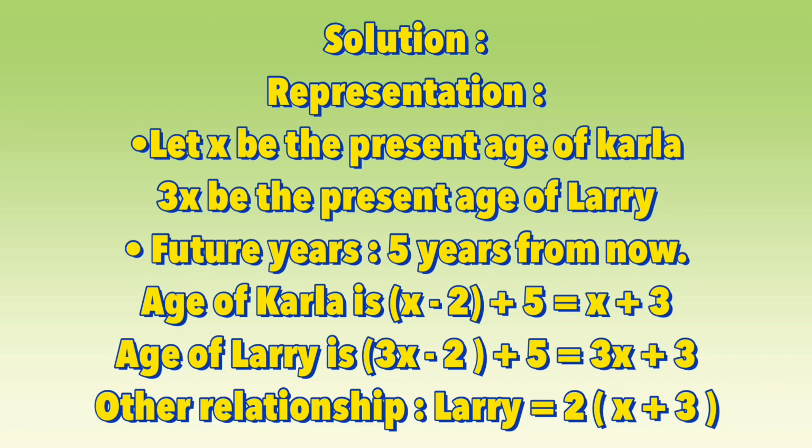Okay. The other relationship we have to consider from the problem is that Larry is double the age of Carla. So therefore, in our equation, Larry equals 2 times the sum of x plus 3, which is the age of Carla.